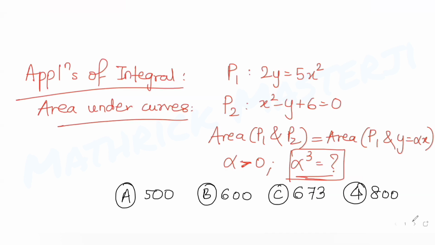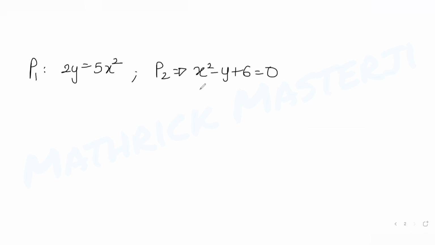Let's first find the area enclosed between the two parabolas P1 and P2. One is P1, 2y equals 5x square, and the other is P2, x square minus y plus 6 equals 0, so x square plus 6 is equal to y.